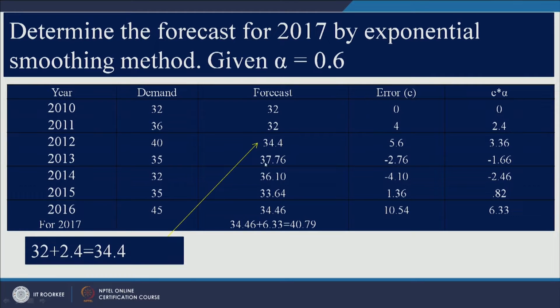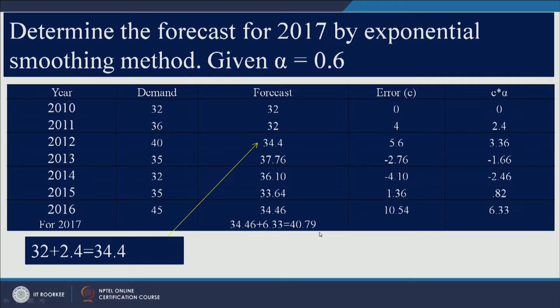How would you get this value, 37.76? The previous period's forecast plus this value 3.36. So, you will get this forecast. Similarly, finally, for 2017 what would be the forecast? It would be 34.46 plus this term. So, this is 40.79.